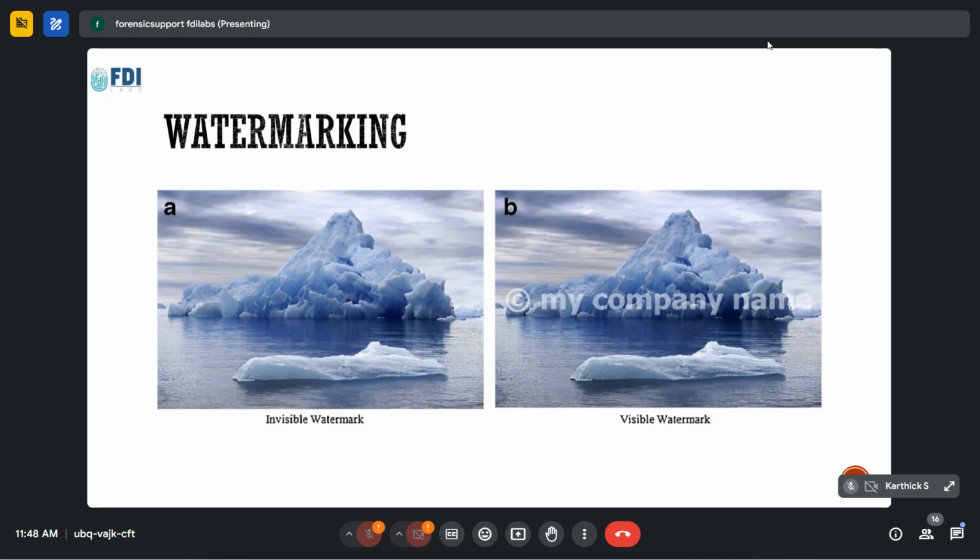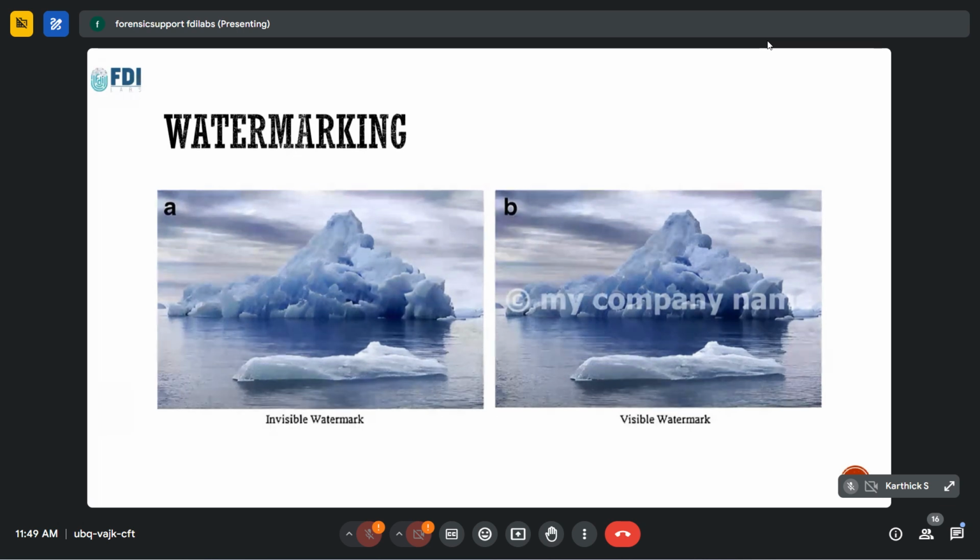So it is very useful, but it has its disadvantages too. Extra processing needs to be done on the original image. It is also possible to do it with the original camera itself, but not all cameras are equipped with this facility to give the watermarking process.